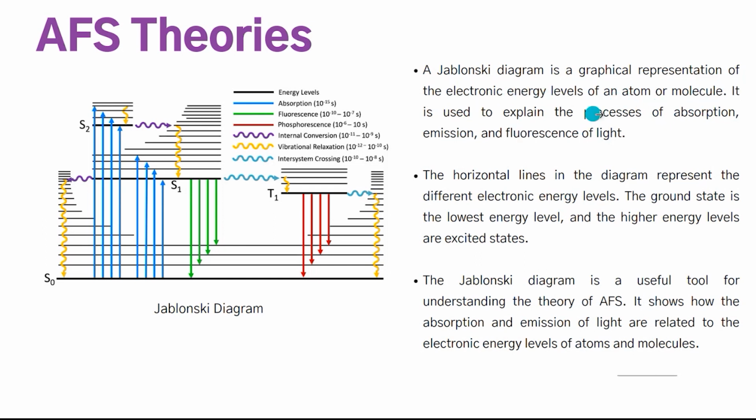It is used to explain the processes of absorption, emission, and fluorescence of light. The horizontal lines in the diagram represent different electronic energy levels. The ground state is the lowest energy state, and the higher energy levels are excited states. Now, this diagram is a useful tool for understanding the theory of AFS. It shows how the absorption and emission of light are related to the electronic energy levels of atoms and molecules.